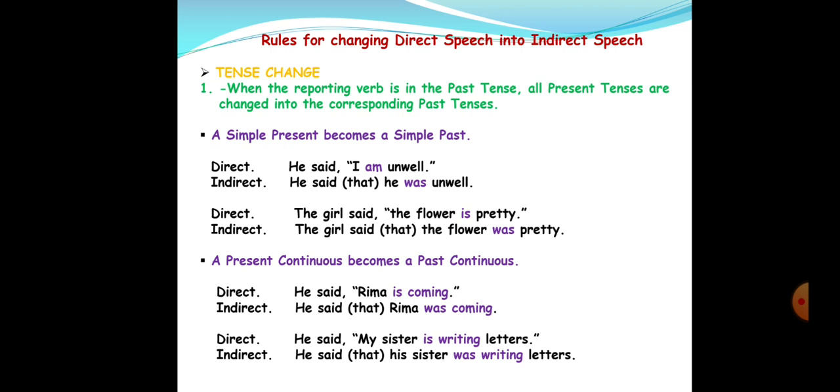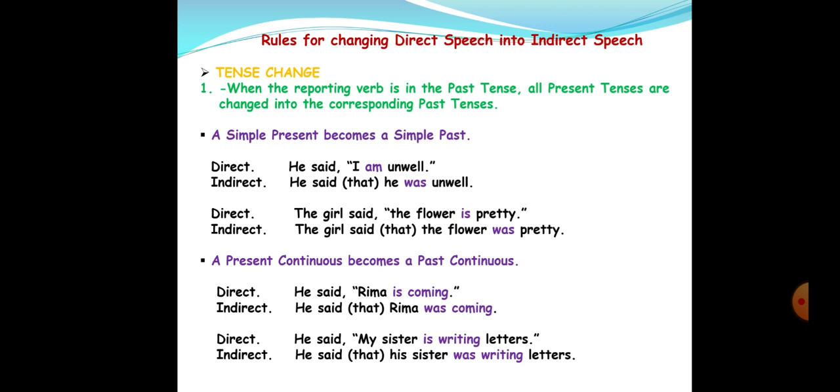So, am becomes was. Another example, in direct speech, the girl said, the flower is pretty. In indirect speech, it will become, the girl said that the flower was pretty. So, is becomes was. Simple present changes into simple past.